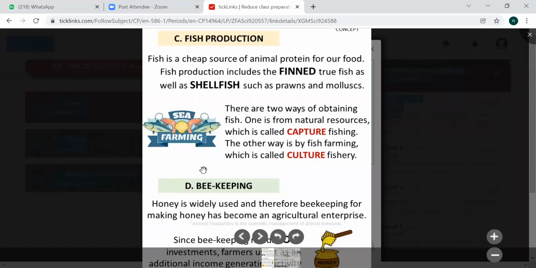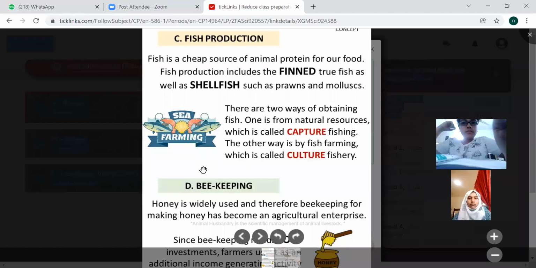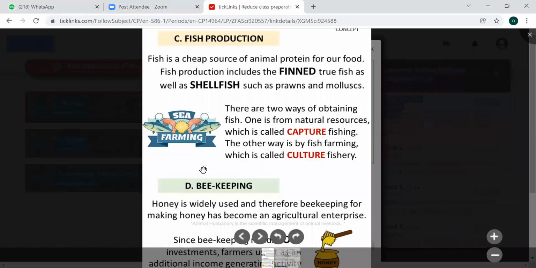And how are we going to meet the demand? One thing is, from natural seas or rivers, we can catch the fish. But because of pollution and the environment not being maintained hygienically, we don't know how healthy the fish we capture are for us, because we are not taking care of the food it eats and the environment in which it lives. Also, the water can get polluted and many fish will die.